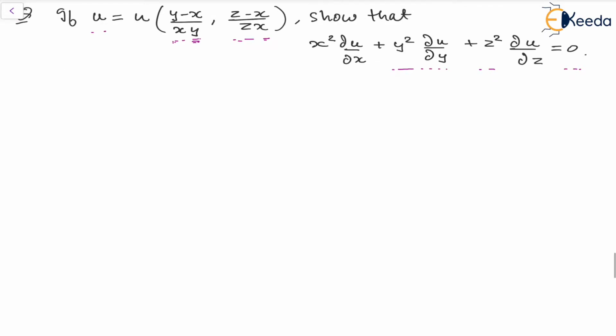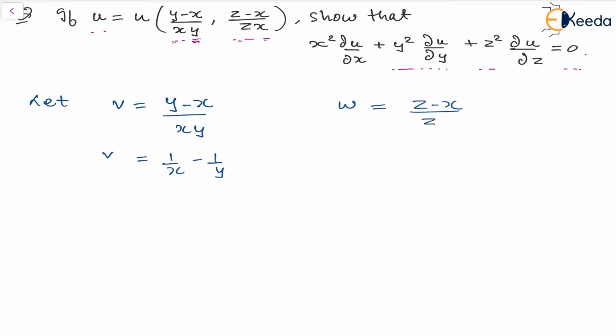So let us start with introducing two new variables. Let v be equal to (y minus x) by xy. The partial fraction says that it can be written as 1 by x minus 1 by y. Similarly, let us take w be (z minus x) by zx.